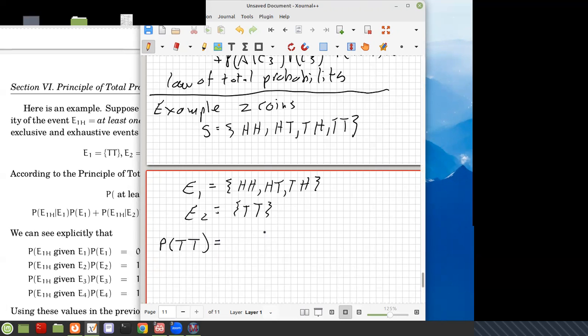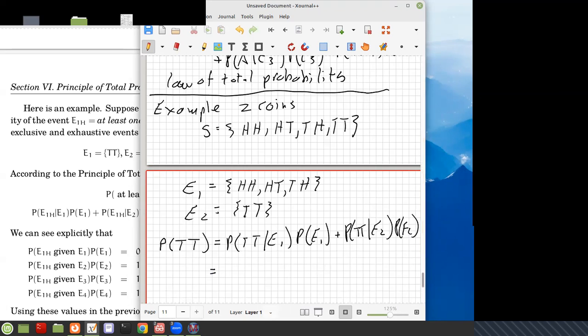So the law of total probability for this case would be, well, this is the probability that TT occurs given that event 1 occurs times the probability that event 1 occurs, plus the probability that 2 tails occur given that event 2 occurs times the probability of event 2.